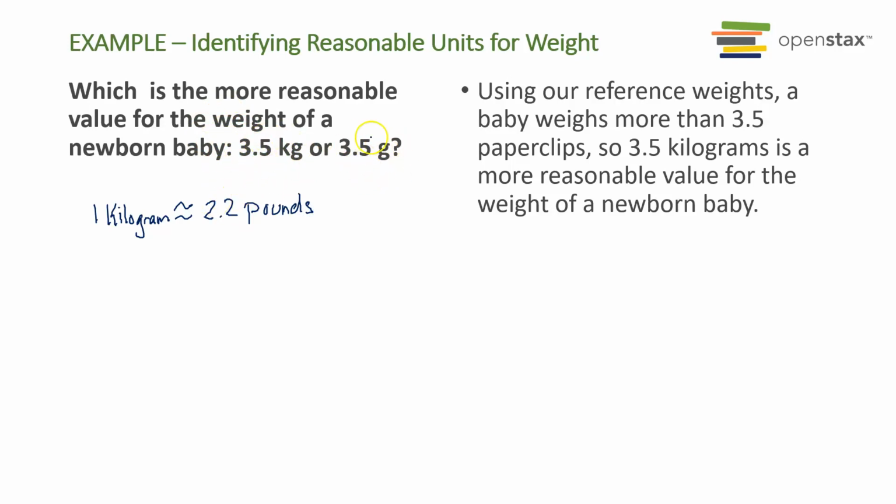And 3.5 grams, remember, I've mentioned this before, but I'll mention it again: 1 gram is about a paper clip. So if you think about that, babies typically are measured in pounds if they are born at full term. So for a newborn baby, we're probably looking at 3.5 kilograms. A baby weighs more than 3.5 paper clips. So 3.5 kilograms is definitely a more reasonable weight for a newborn baby.